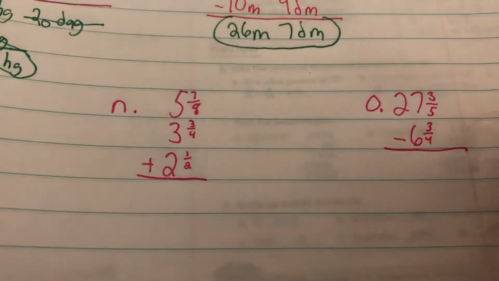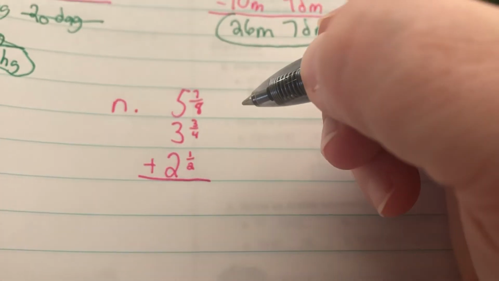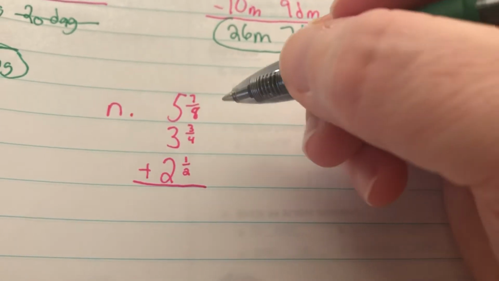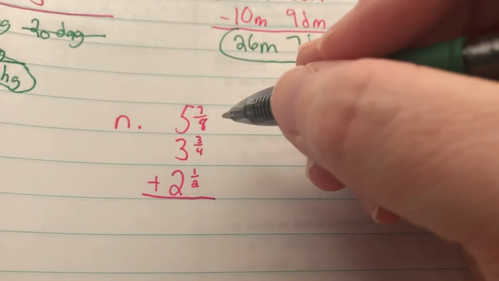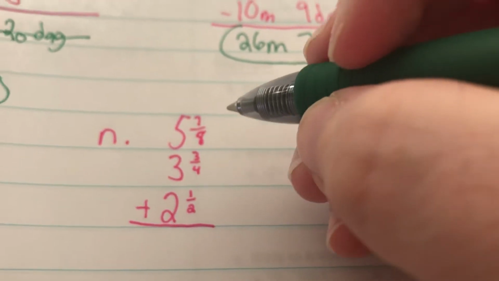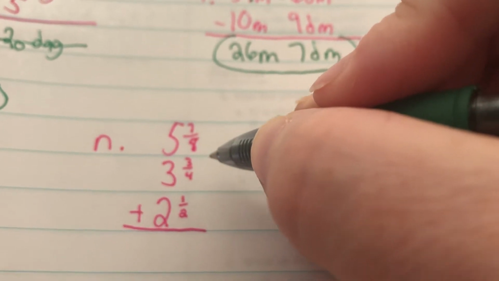N, we have 5 7/8 plus 3 3/4 plus 2 1/2. We have to make those all the same denominator. We're going to go with the biggest one because all of those will go into the biggest one. So the 7/8 will stay the same.